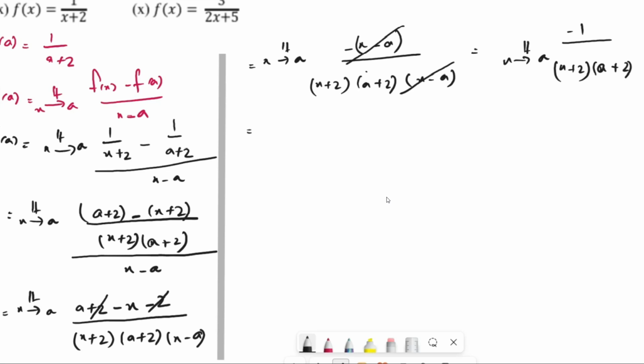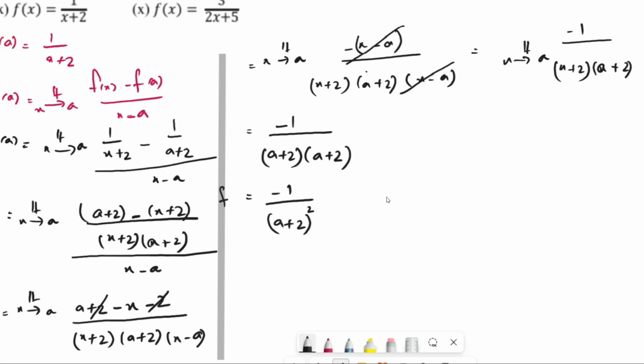Now replace x as a, minus 1 upon a plus 2 into a plus 2. So this would be minus 1 upon a plus 2 square.